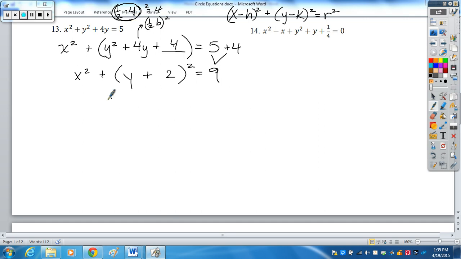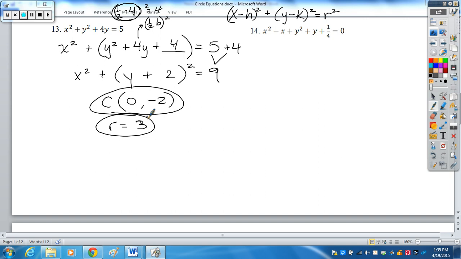So from there, the center can be determined by, well, there's nothing over here, so it'd be 0. The opposite of this one, negative 2, with the radius of the square root of 9, which is 3. Okay, and that's what we're looking for there. So I'm confident that once you get to this point, you can go ahead and figure out your center and radius. It's just getting to that point is usually the hard part.